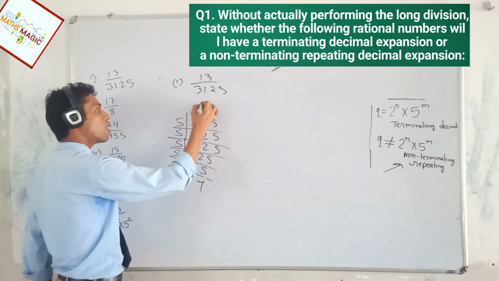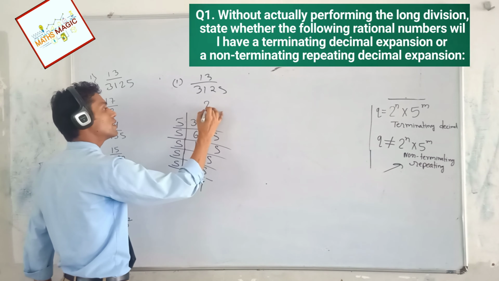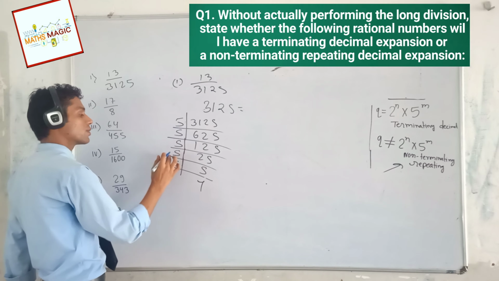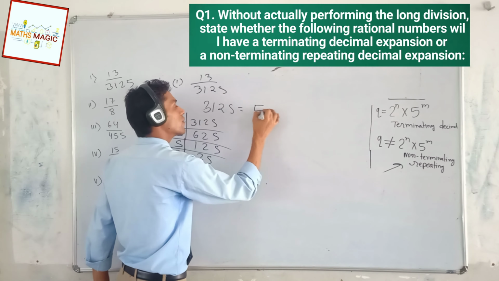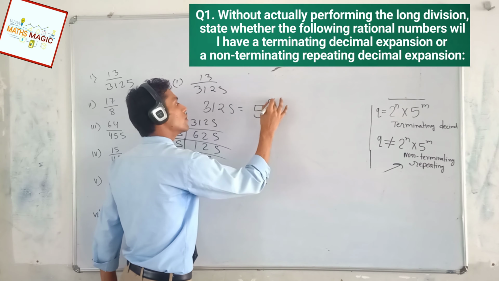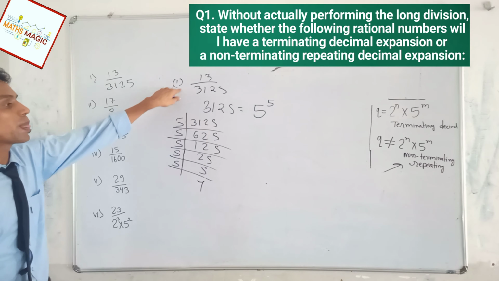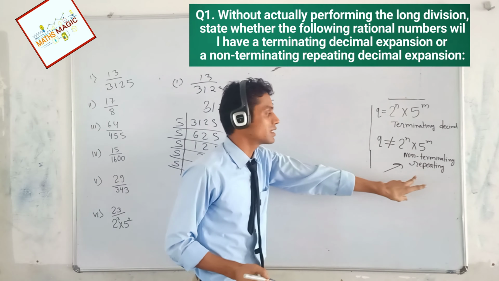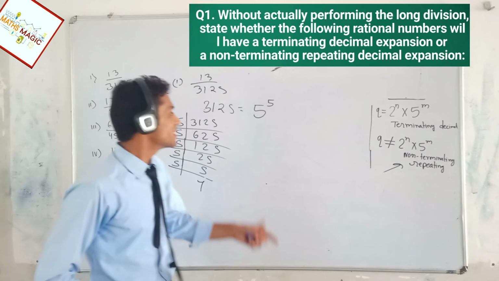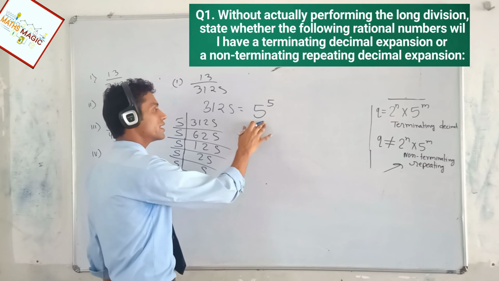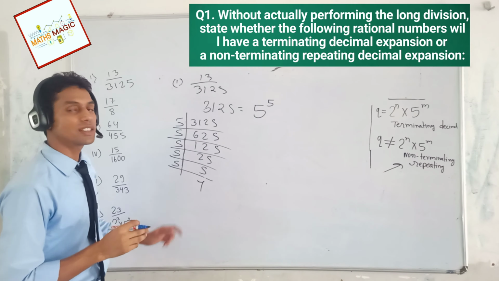So total how many 5s are there? 1, 2, 3, 4, 5. So we can write 5 raised to the power 5. Now tell me, is this a terminating decimal or a non-terminating decimal? This is a terminating decimal, because the 2 is already there, we can say 2 raised to the power 0.